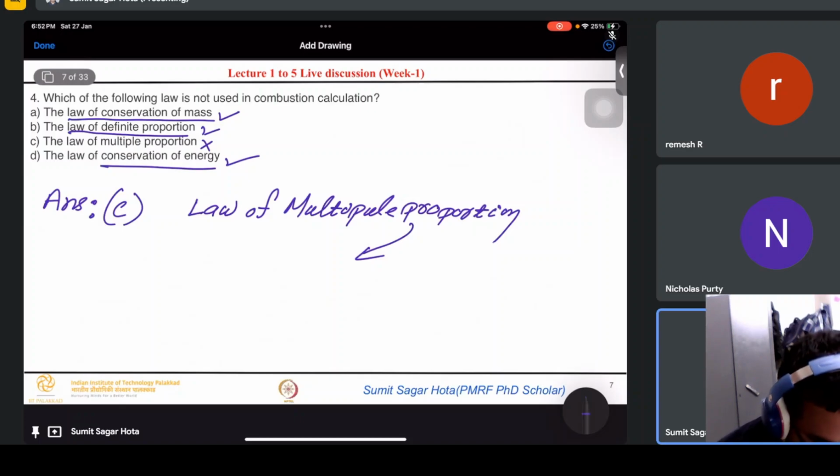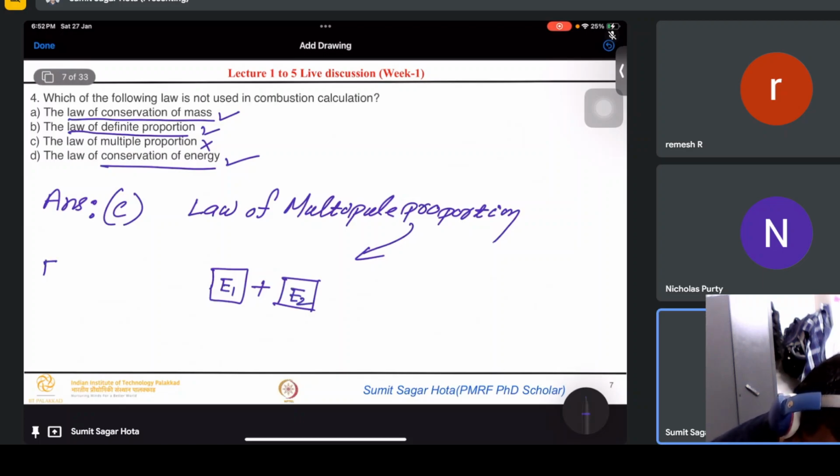For example, two elements. Let it be element 1 will combine with element 2. Then what will happen? It forms a new compound.